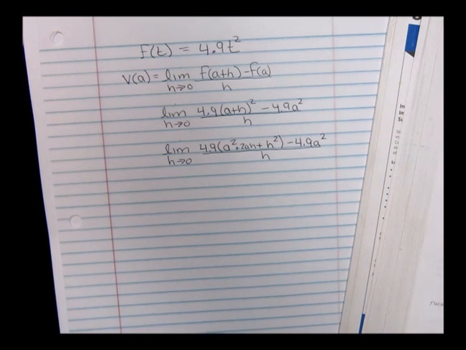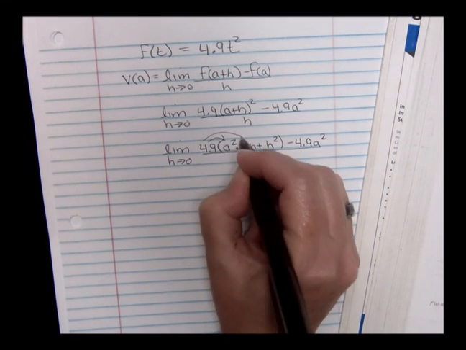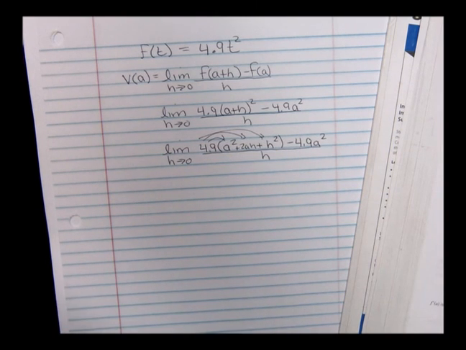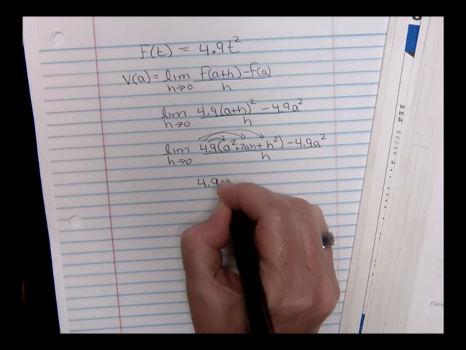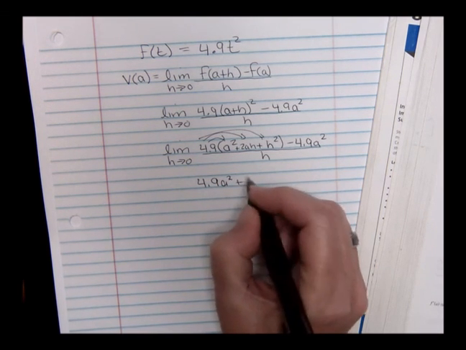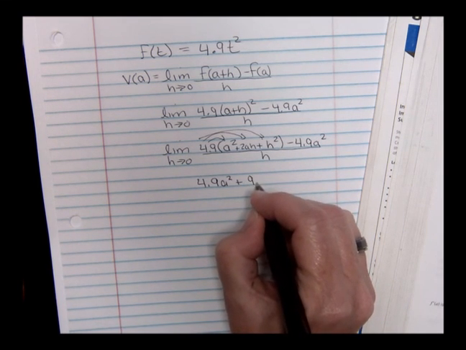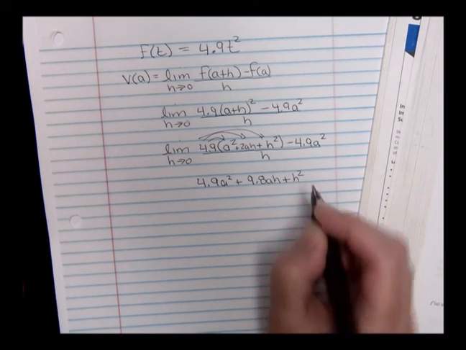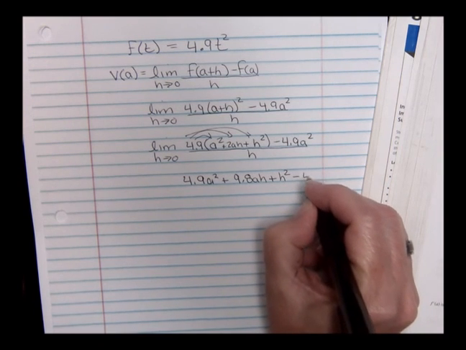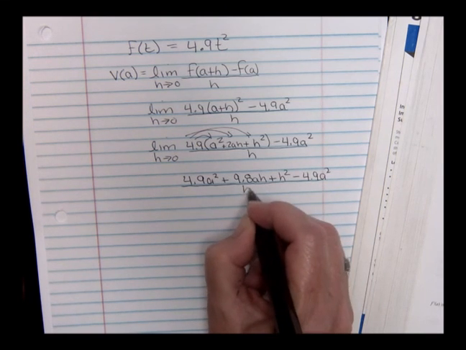Okay, as I continue to solve that, I'm going to distribute my 4.9 in. When I distribute my 4.9 into my value, then I have 4.9 a squared plus, we have 4.9 and 4.9, so that'll be 9.8 a h plus 4.9 h squared, minus 4.9 a squared, which makes me happy because in the next step I can cancel these.